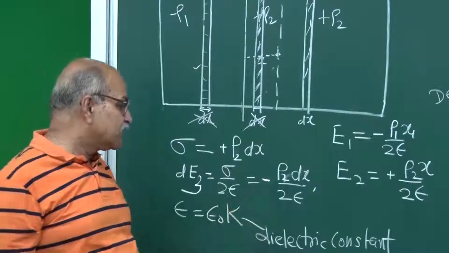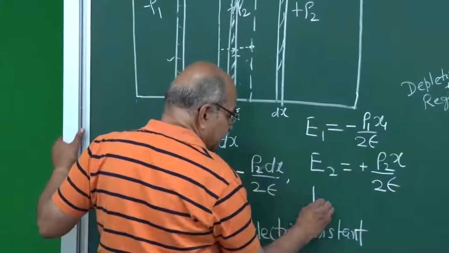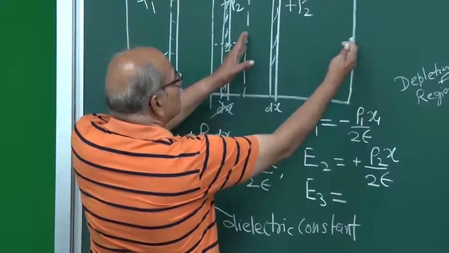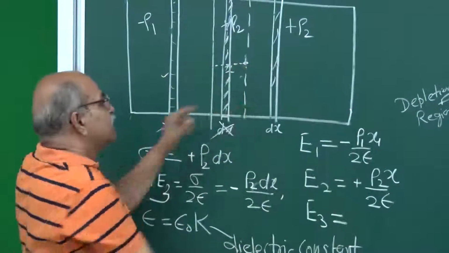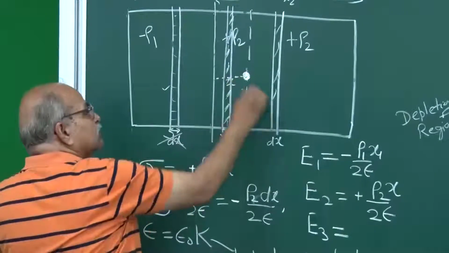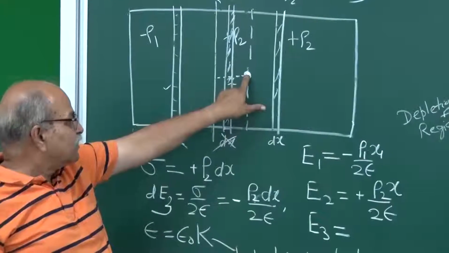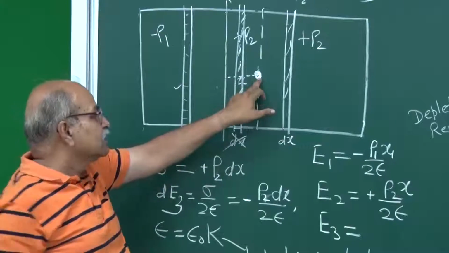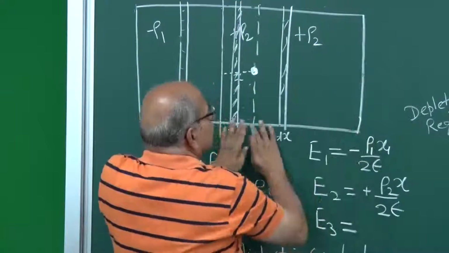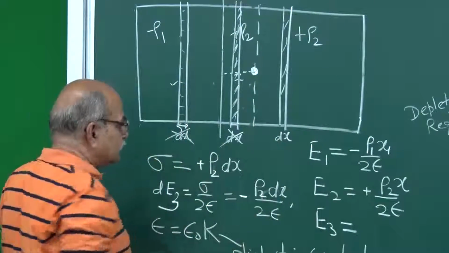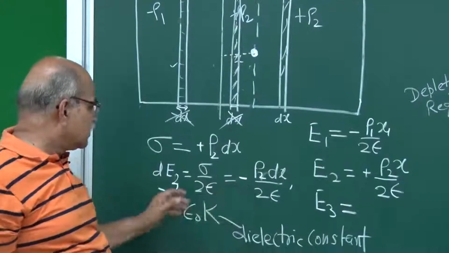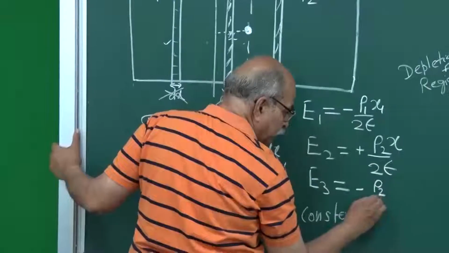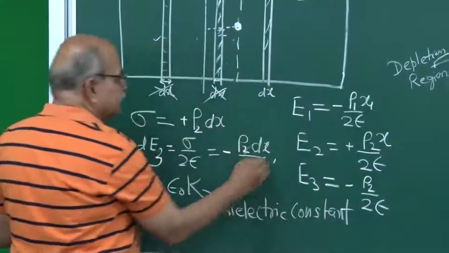And when you integrate this and write what is E3, that is the field due to this whole part to the right of the point chosen. Always remember, I am trying to find the electric field at this point, which is at a distance x from this junction. So the third part is the electric field due to this much, and when you integrate this, you will have minus rho 2 over 2 epsilon, and then this dx.